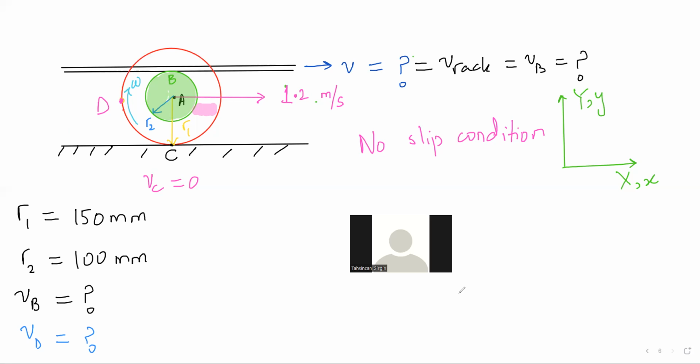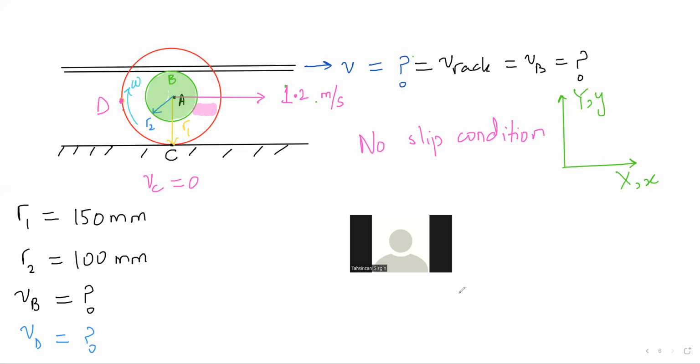Once you are done with it, then write the VB using C or A. First write A using C, then write B using A or C. Find it.